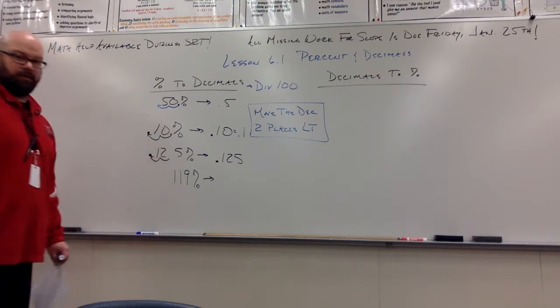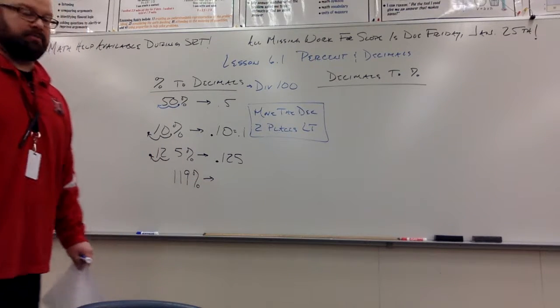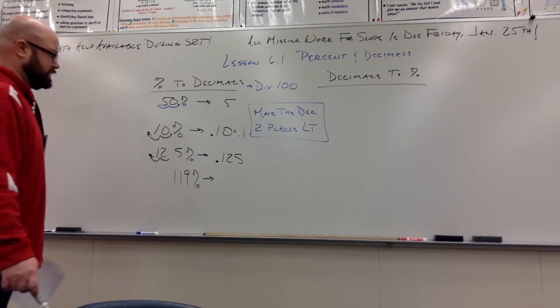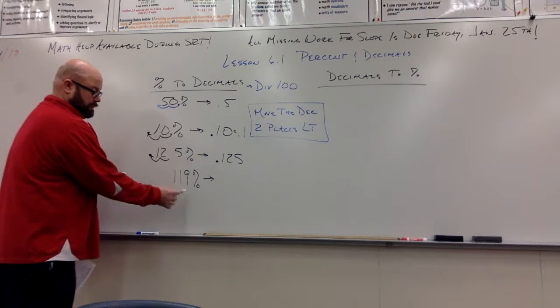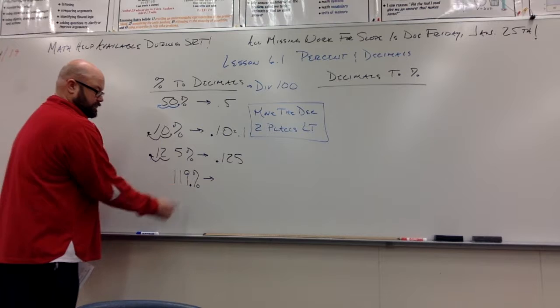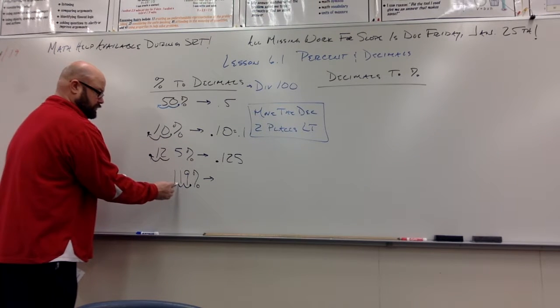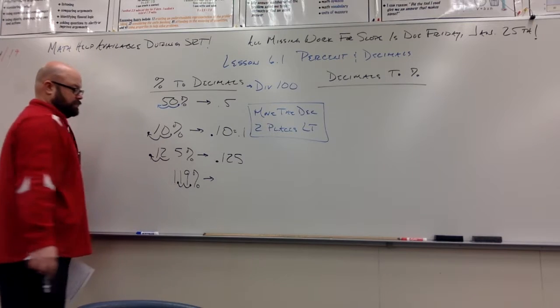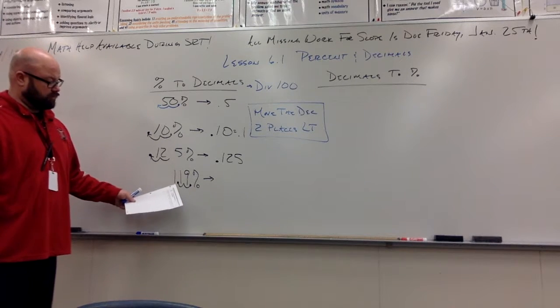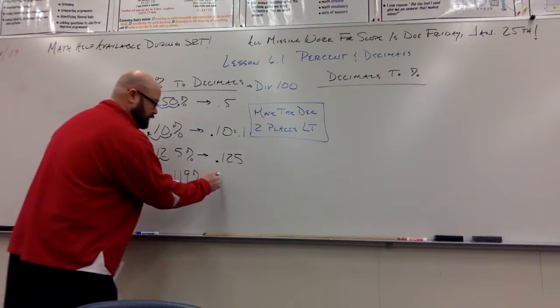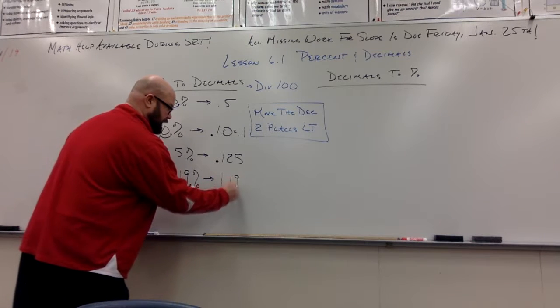Let's go back to whole number. So now we're over 100%, so 119%. So again, it's a whole number, so my decimal's at the end. So we follow my rule, move my decimal 2 places to the left, so 1, 2. So now my decimal's moved between my 1s, so my decimal equivalent is 1.19.